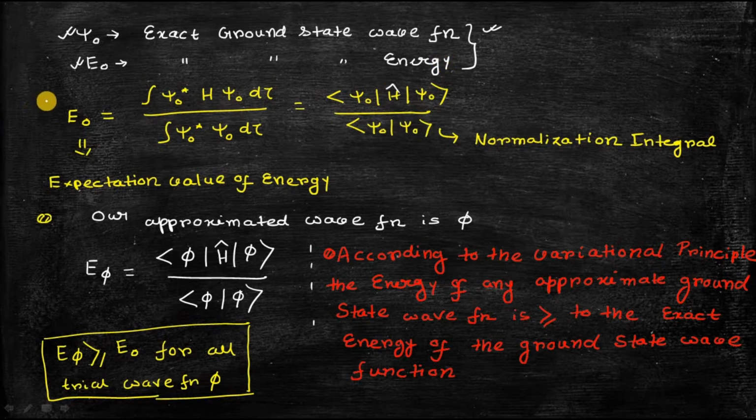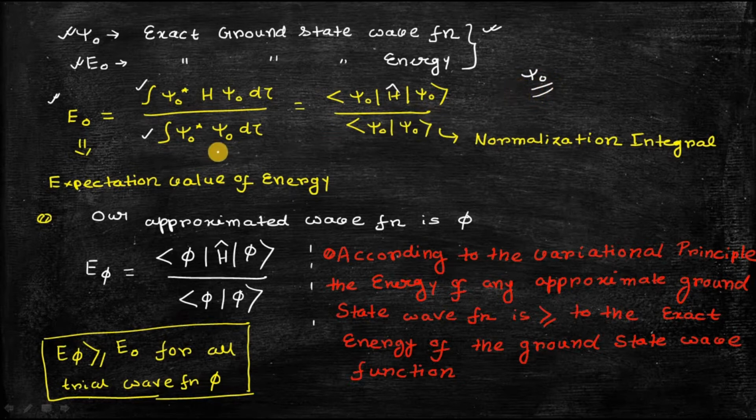Now this is the equation by which we calculate the expectation value of energy for that system. You can see this is the numerator and this is the denominator part. The denominator arises because sometimes this psi 0 may not be normalized.